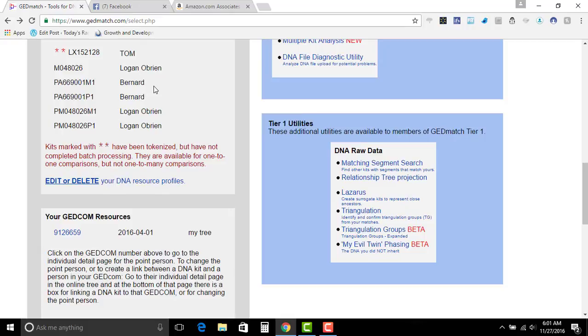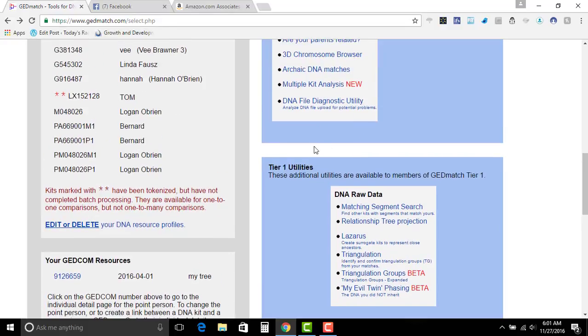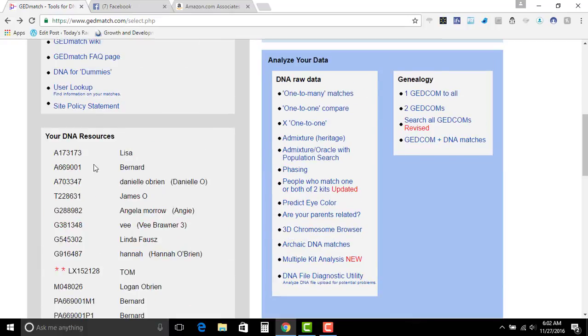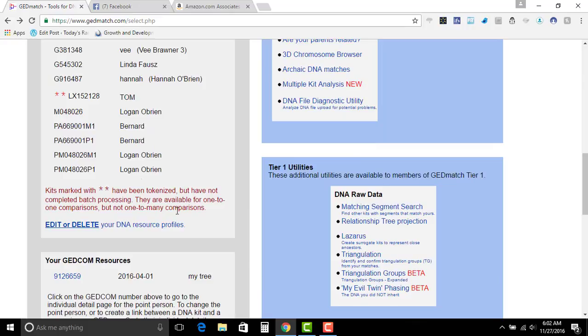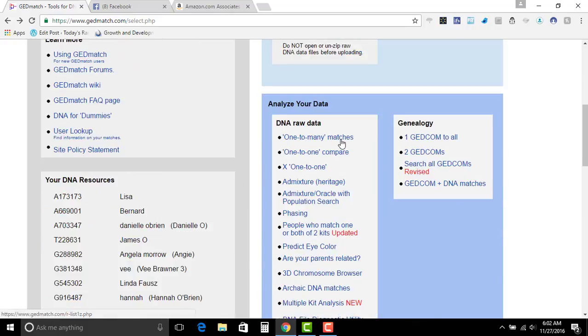Or if you got both mom and dad's kits, then you'll get a list of matches that match mom or matches dad instead of one. If you use your kit over here and the one too many, you're just going to get a list of everybody that means mom and dad cousins versus using the phased kit, then you will only get the mom or dad's cousins.